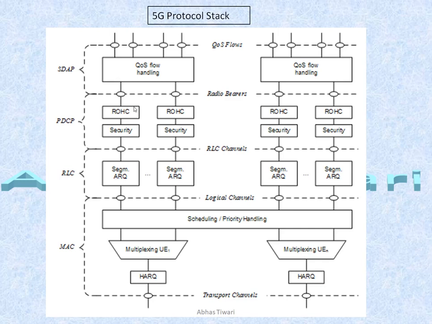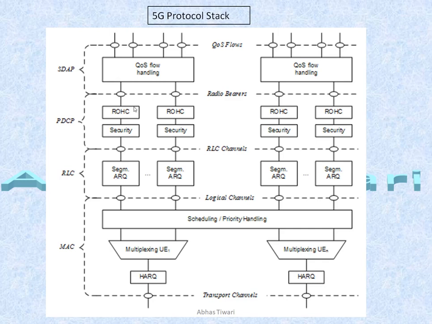Suppose the layers are sending packets to each other, and a packet is lost, or there is no acknowledgement, or a NACK. What is to be done when there is no acknowledgement, or when there is a NACK, or when there is an ACK? Whatever function is to be done is taken care of by your RLC, along with the thresholds, how many times the packets can be sent. All these things are taken care of by ARQ and the RLC layer.